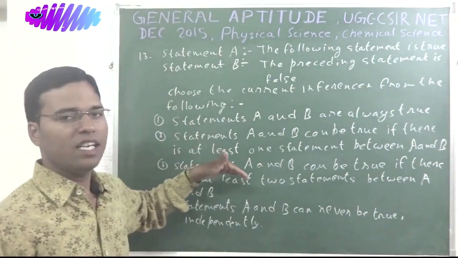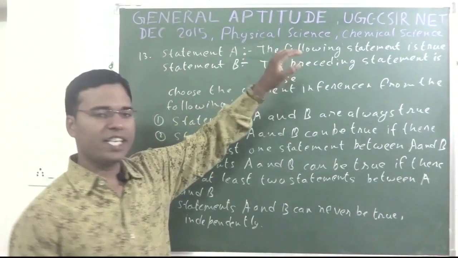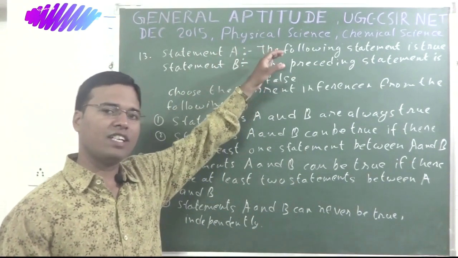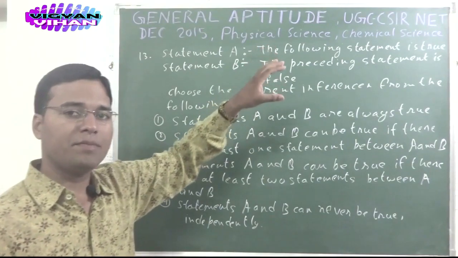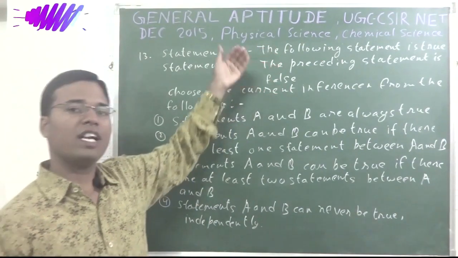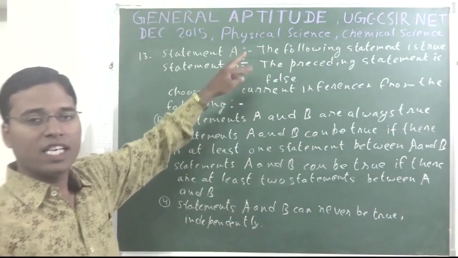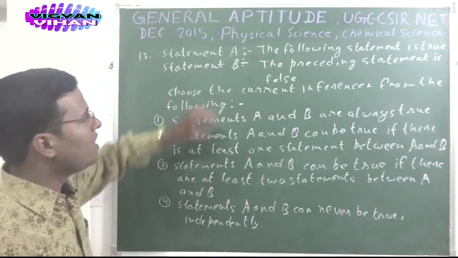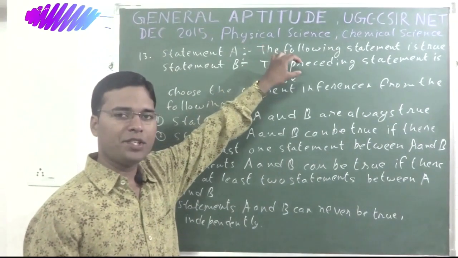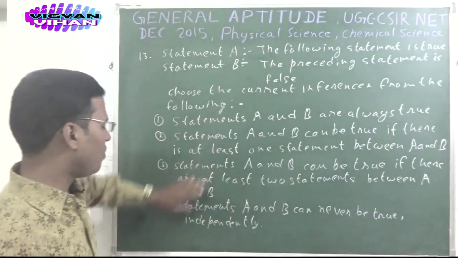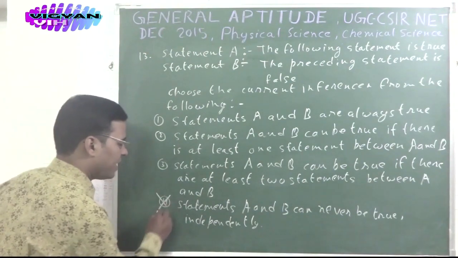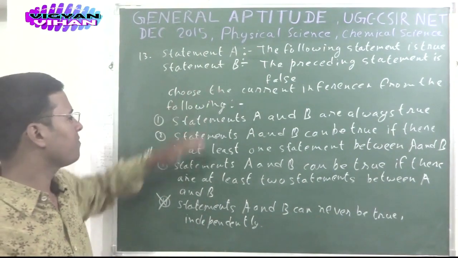In that condition, if any one of these two statements is taken independently, only a single statement can be true. These two sentences together cannot be true. Only one sentence can be true independently. So option 4 is a wrong inference of the given two statements.